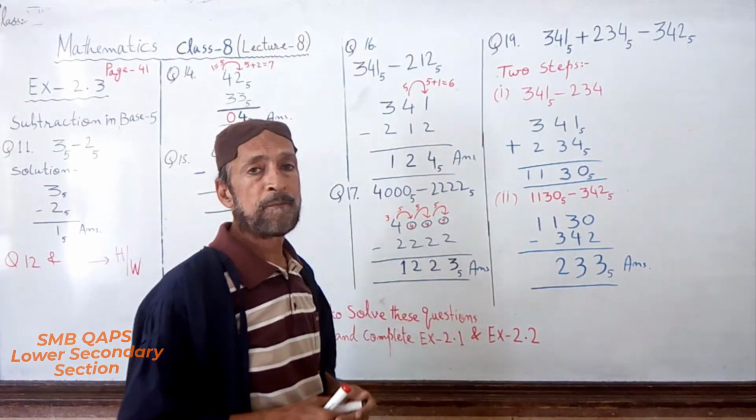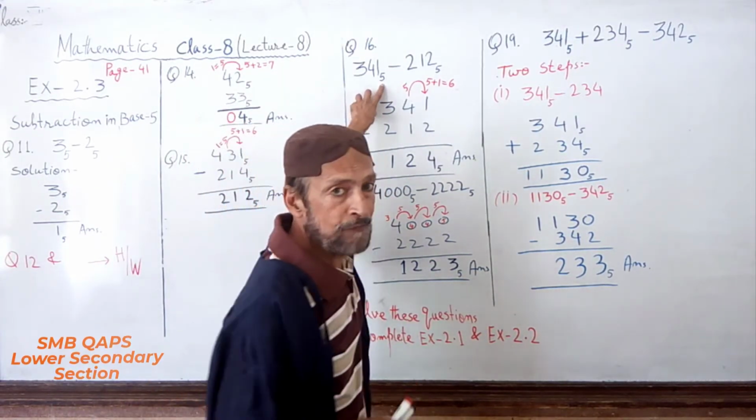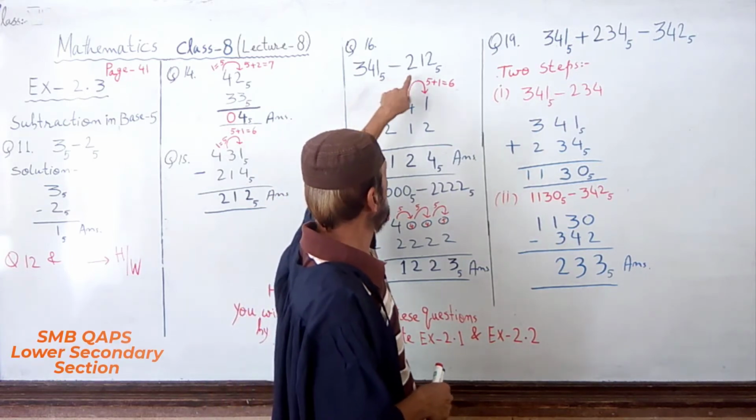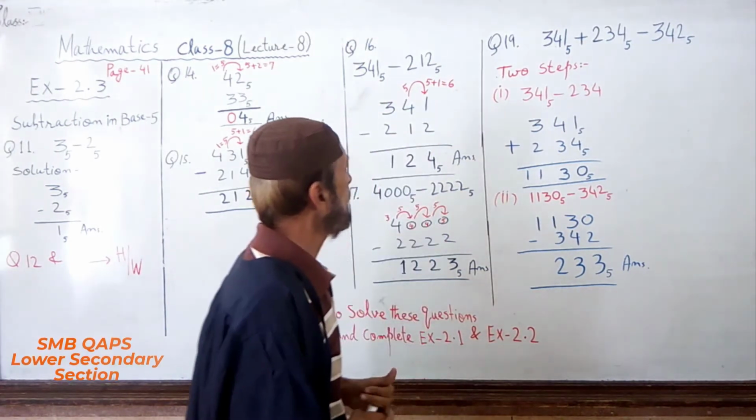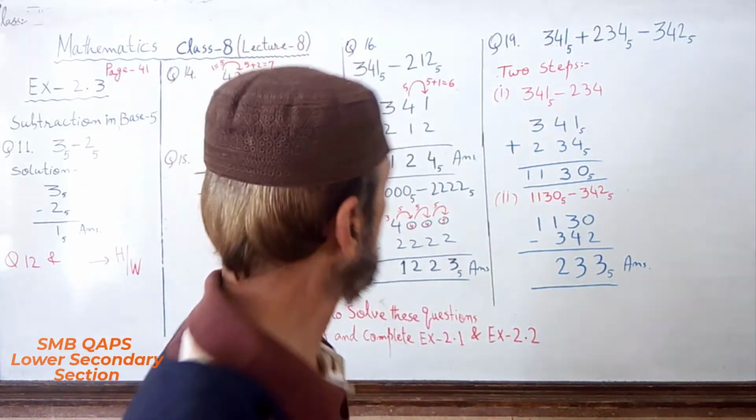Question 16. 341 base power 5 minus 212 base power 5. I hope you understand now.